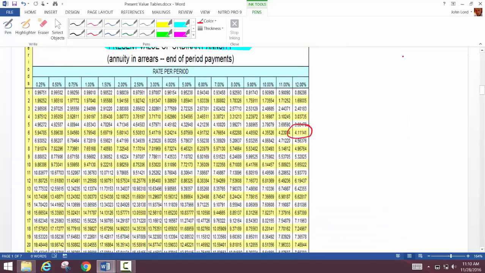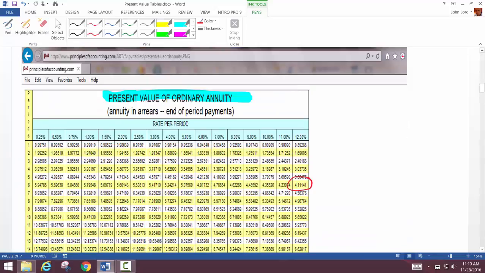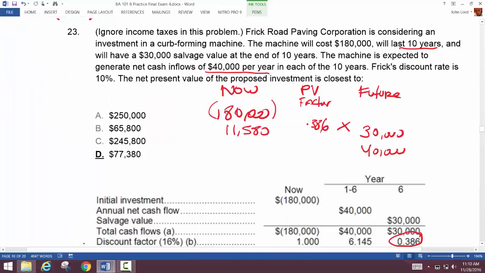There it is. Present value of an annuity for what? 10%, 10 periods is 6.14457. Okay, so I come over, they use 6.145, that's fine. I'll pick that up.